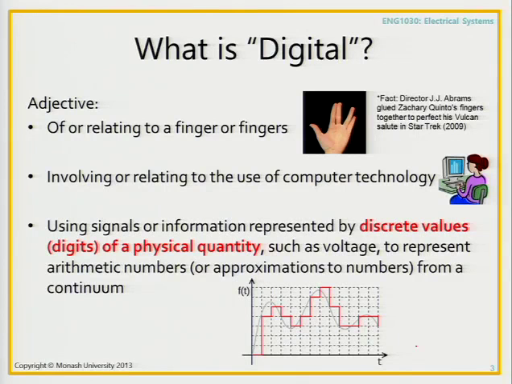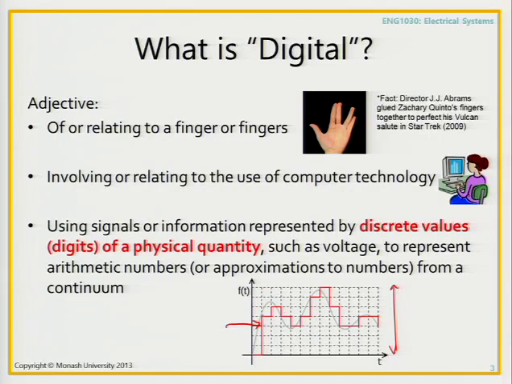And this graph here might show a good way to distinguish between something digital or analog. So if you can see here, you've got this grey line, and that grey line on the vertical axis is continuous. The value of the grey line can be any value between these two in this range, right? There's an infinite number of values that grey line could be.